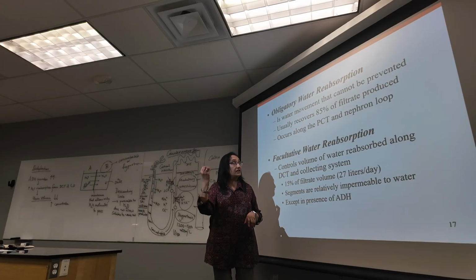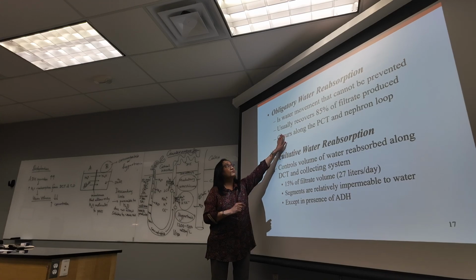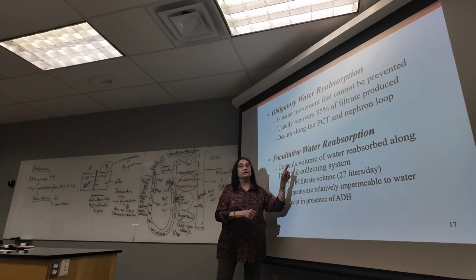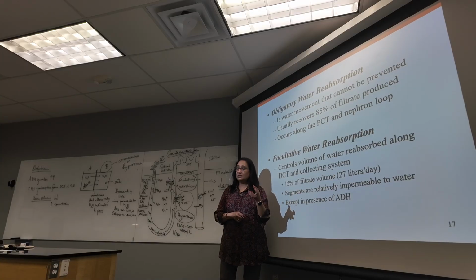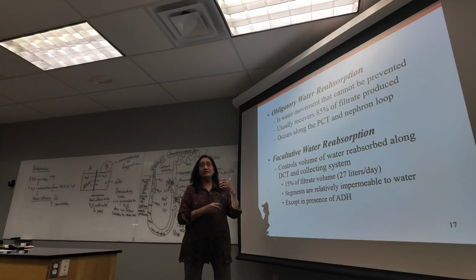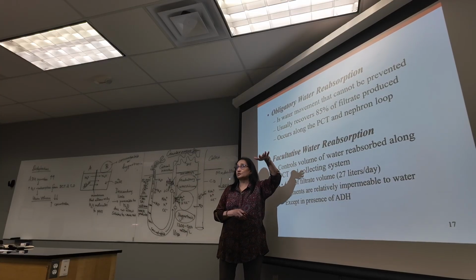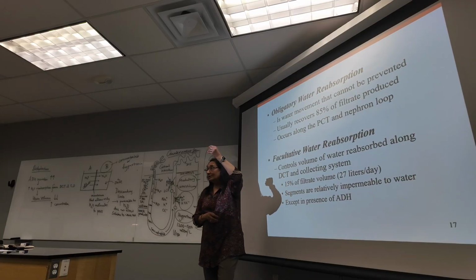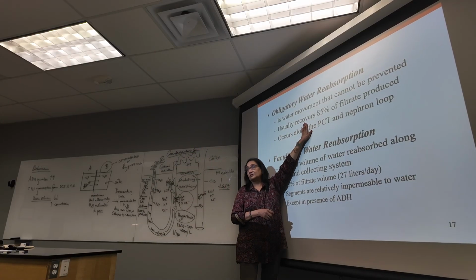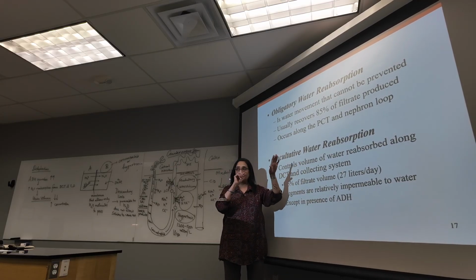Those of you who are taking microbiology, I know some of my students are here, you must have learned about obligate aerobes and facultative anaerobes. Obligate means absolutely required. You cannot stop it, they need it. So, this obligatory water reabsorption cannot be stopped, it will happen. Whether you like it or not, whether you want it or not, this is going to happen. But this one is the adjustable reabsorption.